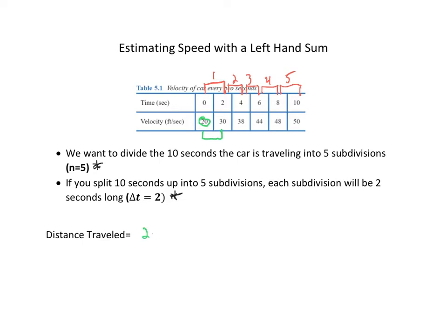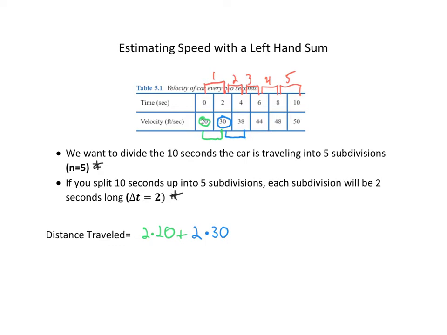In other words, 2 times 20 plus. Now we're going to look at from 2 to 4 seconds. From 2 to 4 seconds, we're going to guess that the car is traveling 30 feet per second. In other words, for 2 seconds, we're going to multiply by 30 feet per second. That would be our second interval.